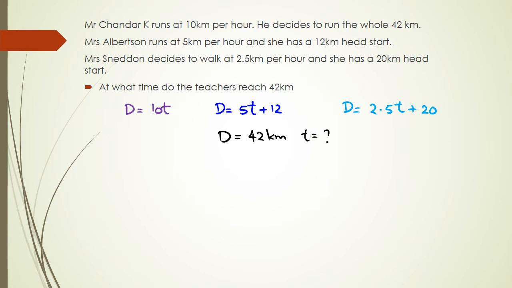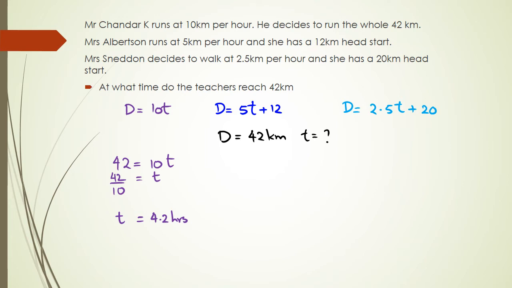And what is t? For the first one, we have 42 equals 10 times t, so t is equal to 42 divided by 10. So we can say t equals 4.2 hours. That's for Mr. Chandikay.